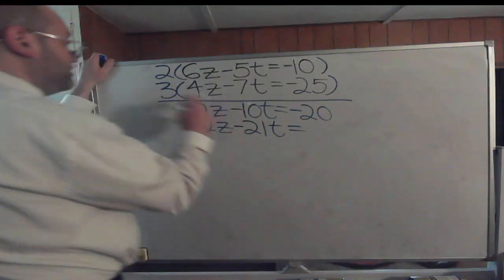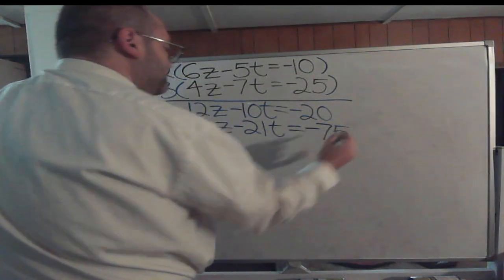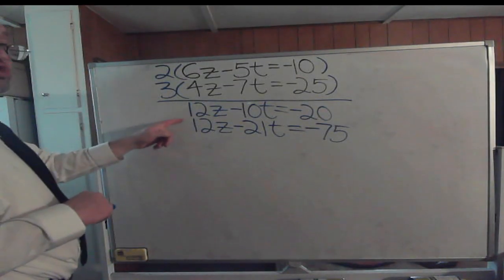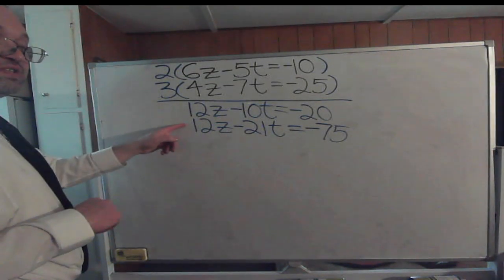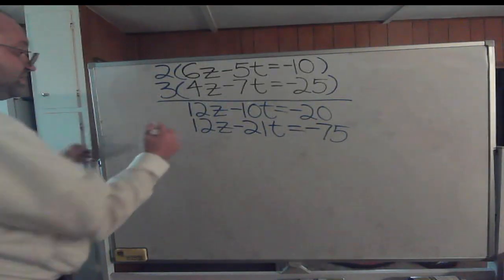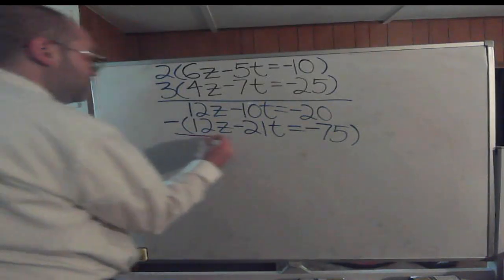That's going to be equal to 3 times negative 25. Well, that would give you negative 75. Well, what do you know? Both equations, you have the same coefficient on the z variable of 12. That means you can subtract the second equation from the first. So let's go ahead and do just that here.